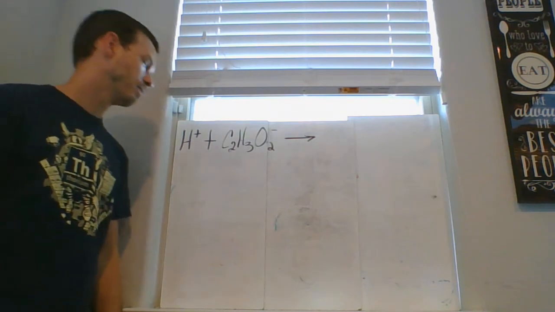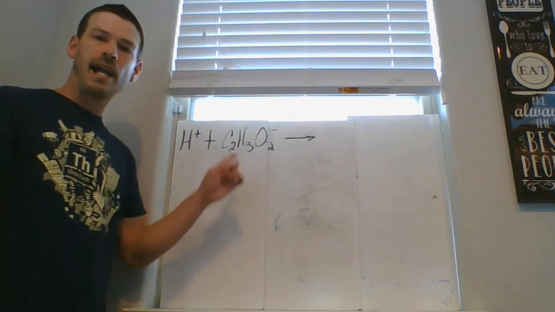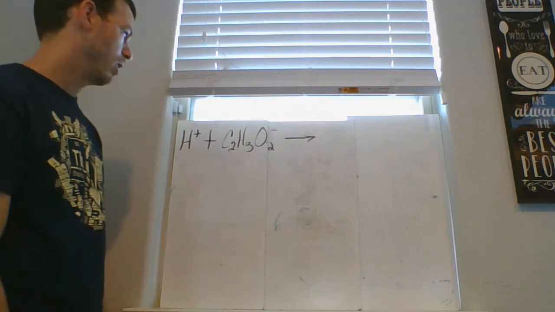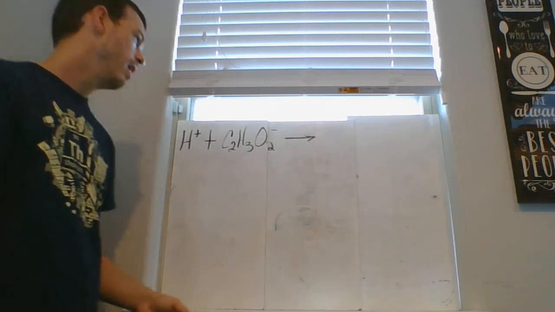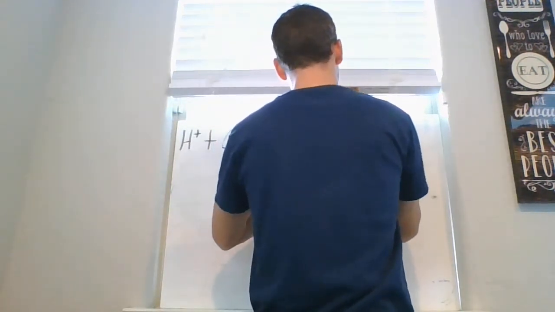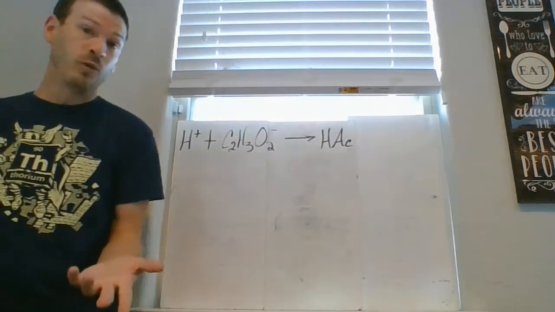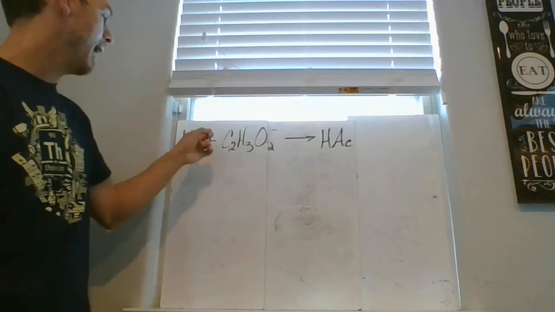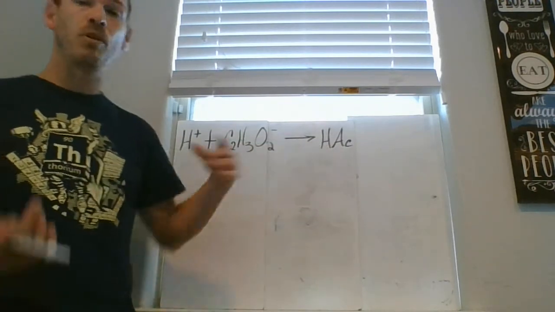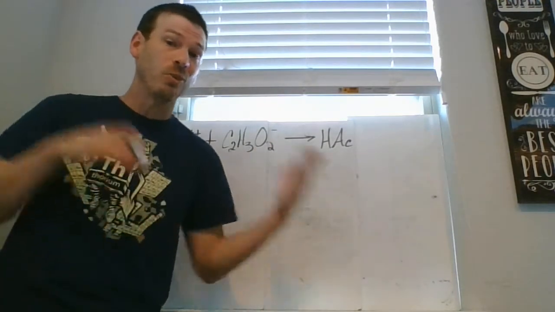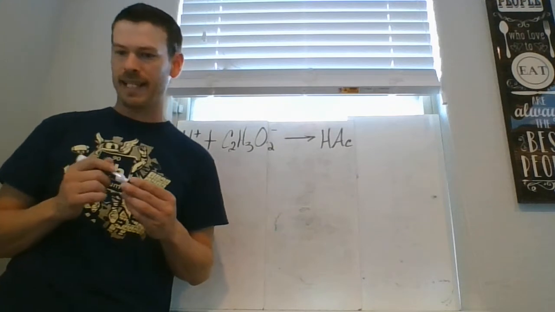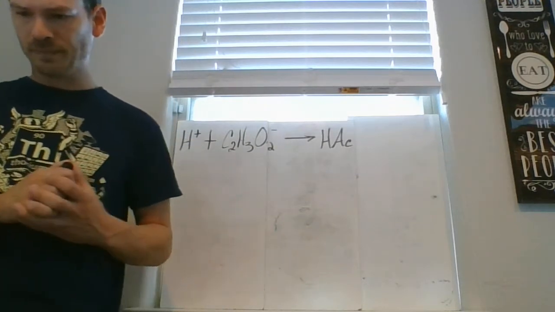If you remember in class, I would shorten acetate with AC, so I'm going to do that from here on. You're cool to do that too. What it's going to produce is acetic acid. So what we've done in that first step is we've proven the buffer. By the H plus being added, what was the end product of its interaction in the buffered system? Look, it produced acetic acid, which is the other component already in the buffered system anyway. So it's going to try to maintain our current pH.